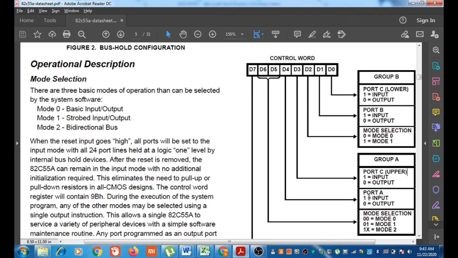Every port has 8 lines. Port C can be used as 4-bit port C upper and port C lower. Port A and upper part of port C are in group A. Port B and lower part of port C are in group B.